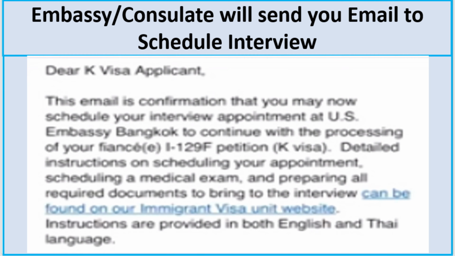It's gonna tell you, this email is the confirmation that you might now schedule your interview appointment at the US Embassy in your country to continue with the processing of your fiancé I-129F petition, K1 visa. Detailed instruction on scheduling your appointment, scheduling a medical exam, and preparing all required documents to bring to the interview can be found on our immigrant visa unit website.